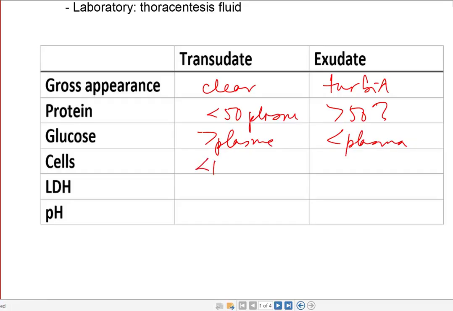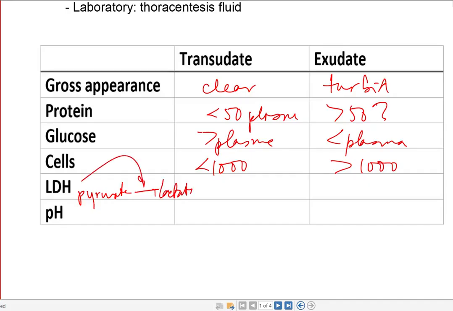Very few cells are found in transudates, but many cells are found in exudates, and knowing the type of cell tells you the pathology. So viruses and TB tend to have lymphocytes, bacteria tend to have neutrophils. LDH, of course, lactate dehydrogenase, is found in all anaerobic glycolysis because remember, it's the enzyme that takes pyruvate to lactate. So all cells have this.